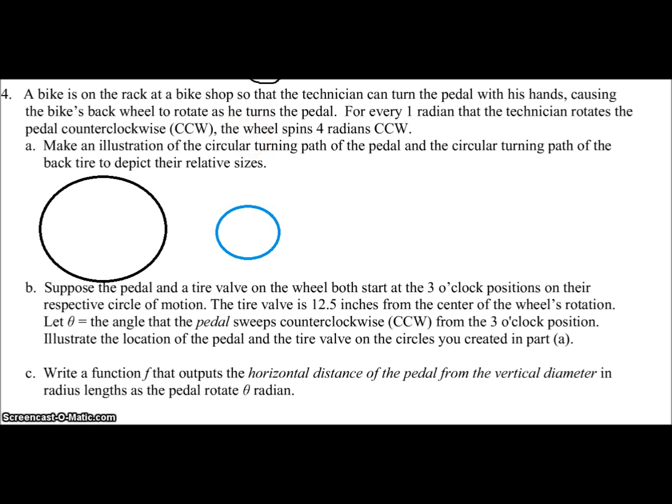What's interesting is that if we rotate the pedal just 1 radian, so that there's 1 radius length swept out, then 4 radians get swept out here with the tire, so it turns 4 radius lengths, or 4 radii. It's kind of interesting.